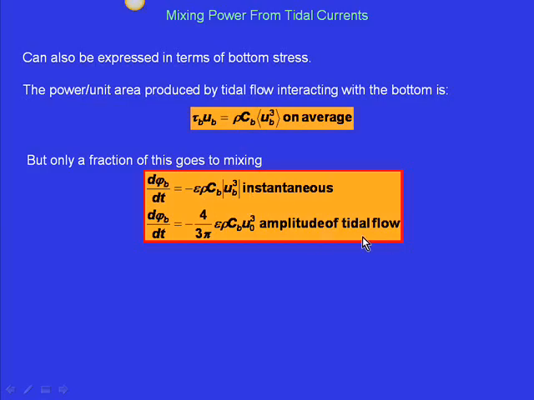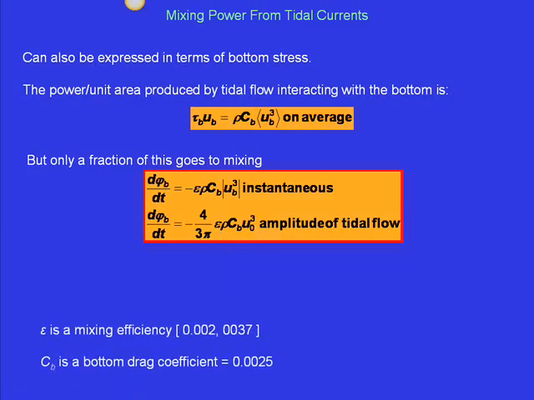If we use the amplitude of the tidal flow, which is given by this u sub naught, then we need to use that 4 over 3 pi, which you obtain from a Taylor's expansion of the velocity as a function of sines and cosines. So that's where that 4 over 3 pi comes from. But notice that it's the power per unit area generated by the current. Only a portion of that, given by the mixing efficiency, goes into mixing.